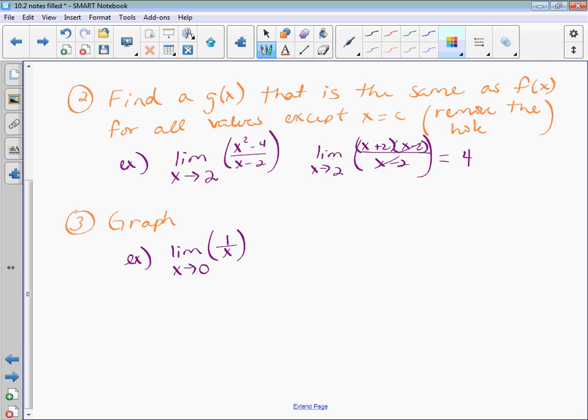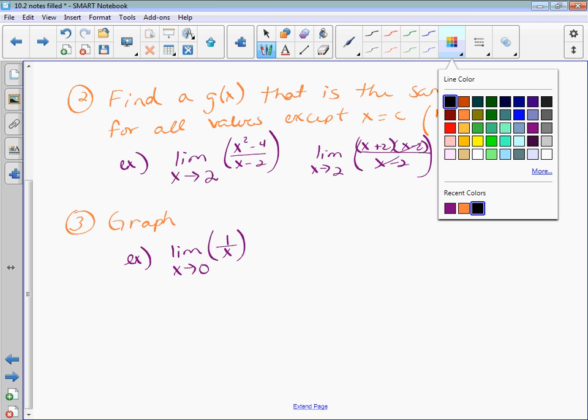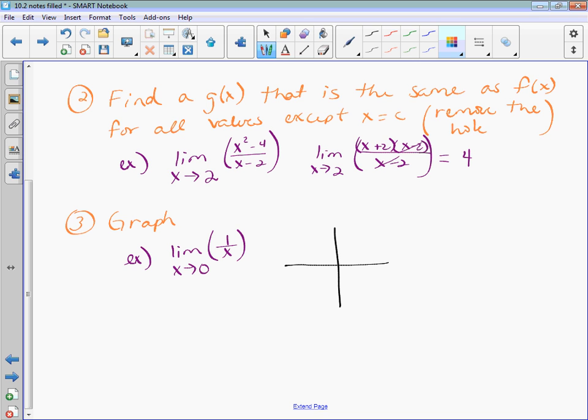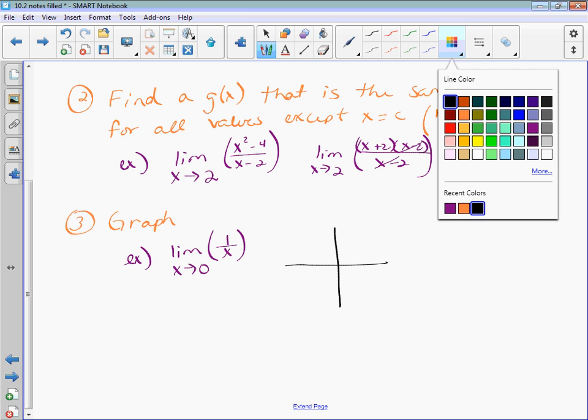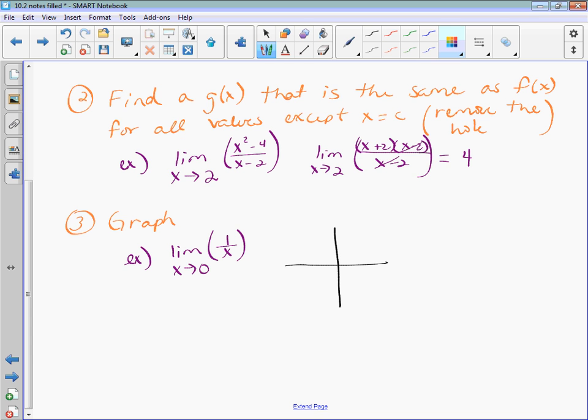So 2 ways you can think about it. You can think about what happens on either side of the graph, but definitely think about making the graph. So what does this graph look like? Like, what's happening? Inverse.